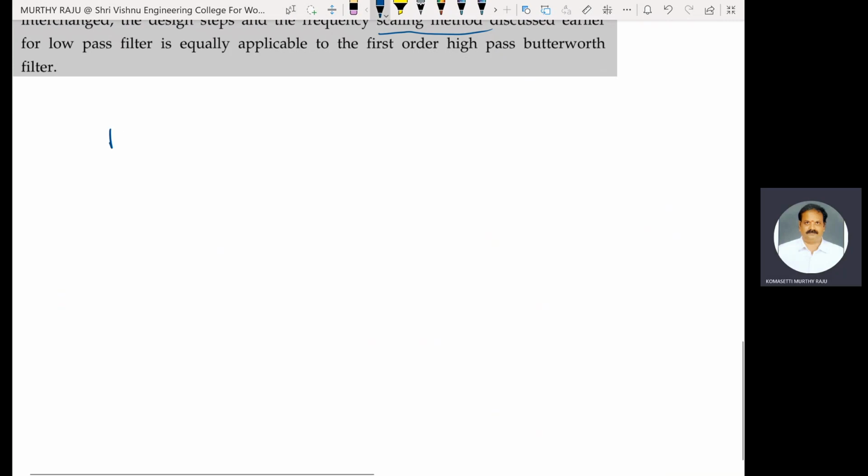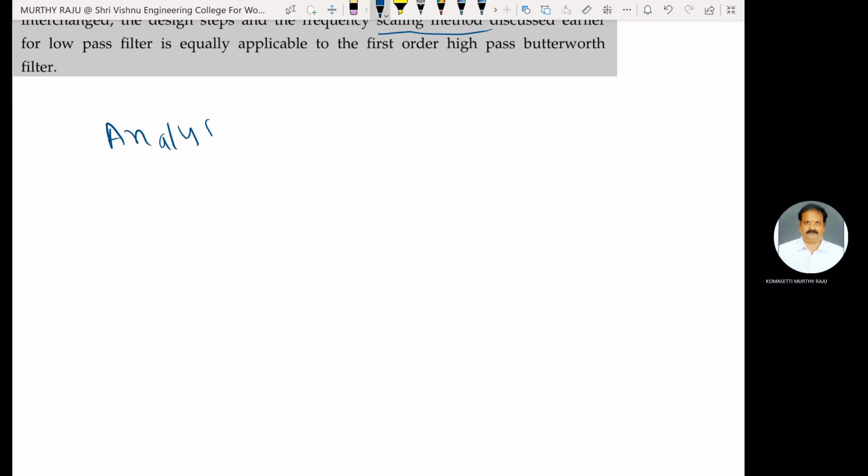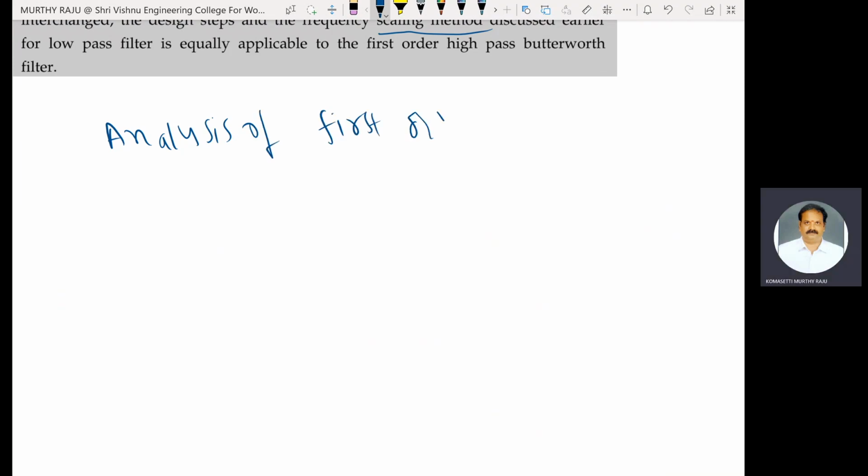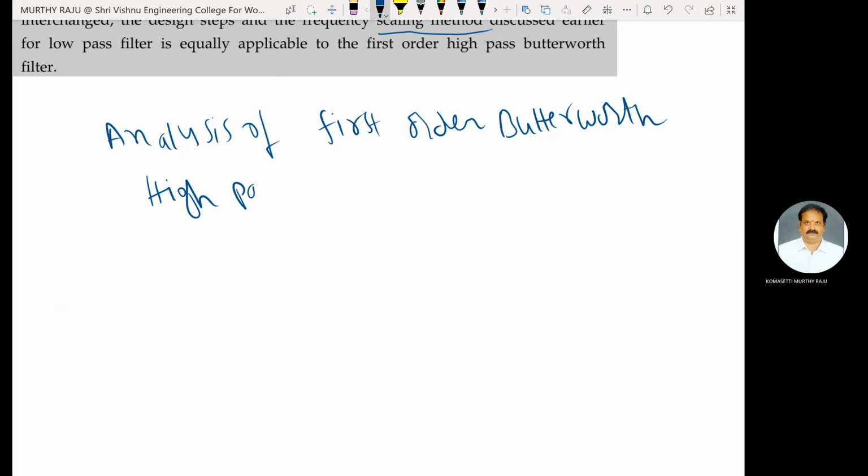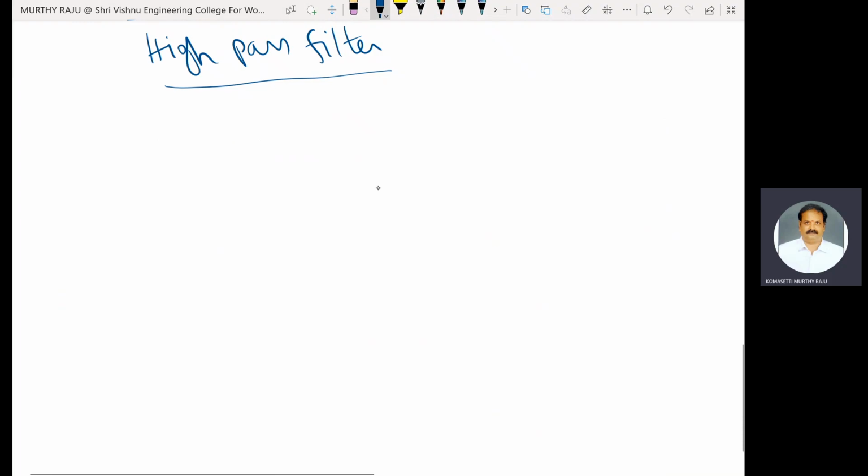Next, analysis of the first order Butterworth high pass filter. Consider the op-amp configuration. This one is the op-amp configuration.